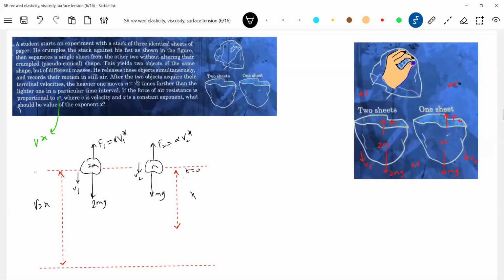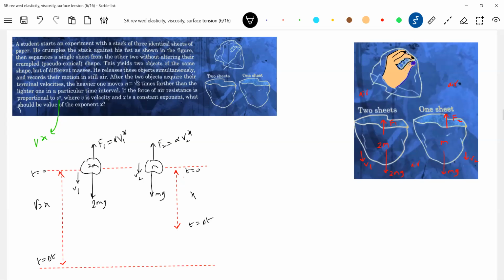It is some time interval. I'd be giving wrong information because it will acquire terminal velocity not immediately, but after some time. Okay, fine. So this is what we have in a given interval of time. The heavier one will cover more distance than the lighter one.